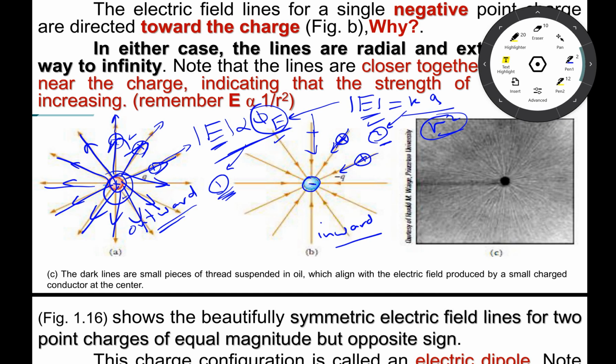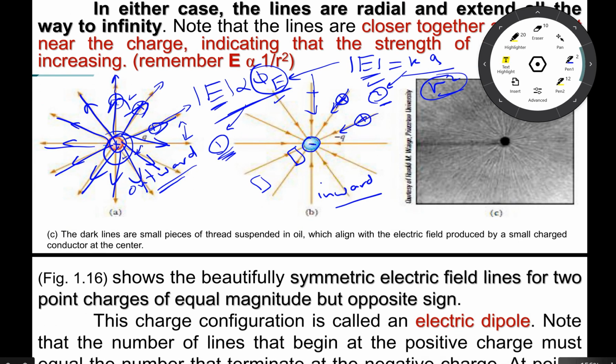If you see, close to the charge the lines are close to each other, but far away from the charge the lines are far from each other. So close to any charge the number of lines is large, but away from this charge the number is smaller. Here the idea of Faraday is that we can express the magnitude and the direction of the field using some imaginary lines.